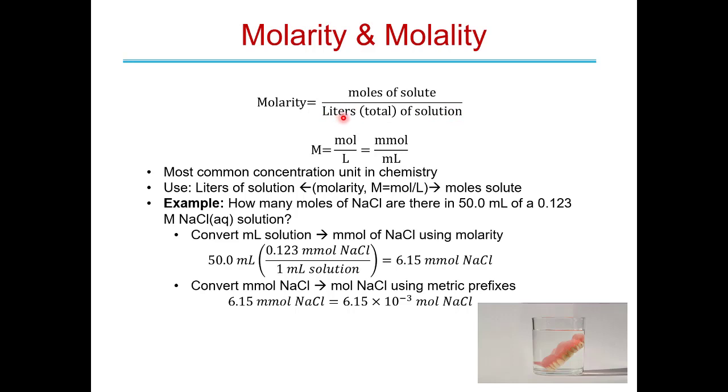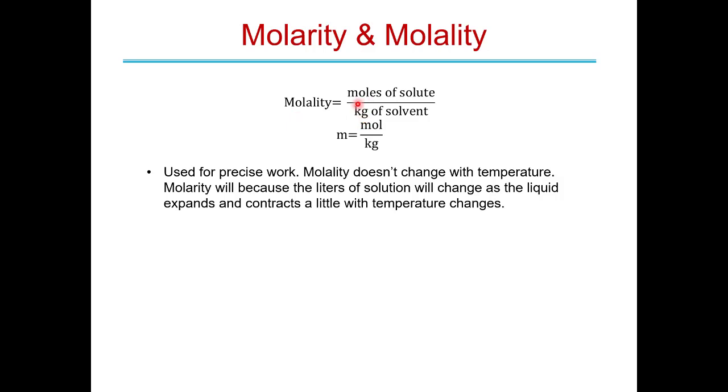A solution will do that too. So a hotter solution, even though it's the same solution, will expand a little bit, and so the total liters of solution will increase just by a little bit, but it's enough to change the molarity in really precise work. So instead of that, we use something that is insensitive to temperature. Kilograms do not change, moles do not change, so that doesn't change with temperature.